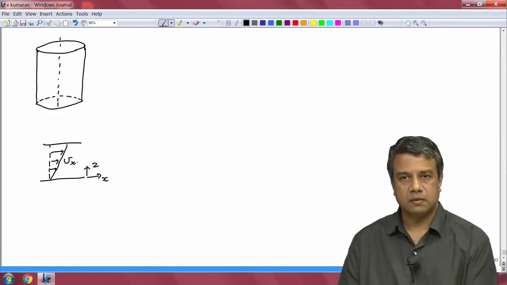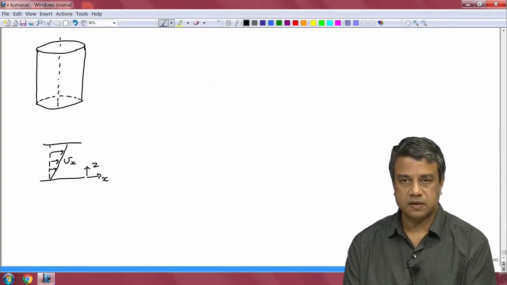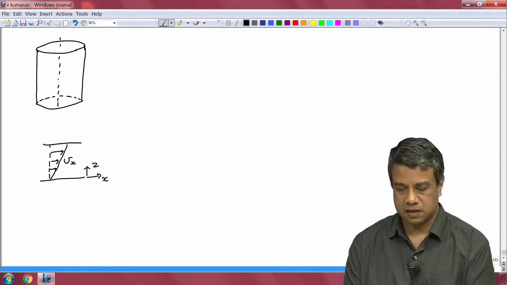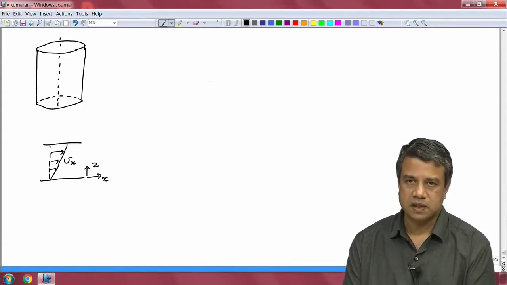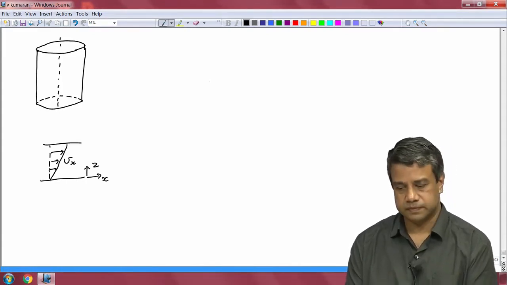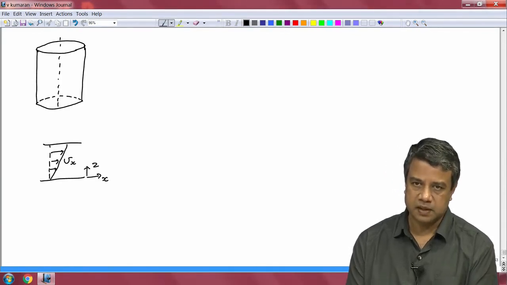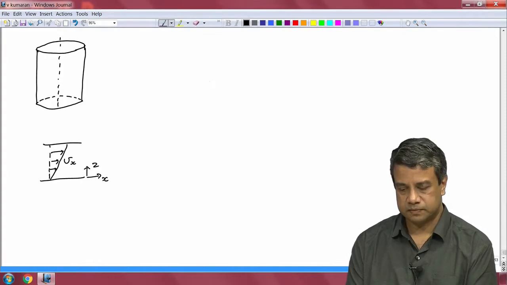And we were examining the transport of x momentum in the z direction. So, x was the direction of momentum, z was the direction of momentum transport. And the direction of momentum was perpendicular to the direction of momentum transport.